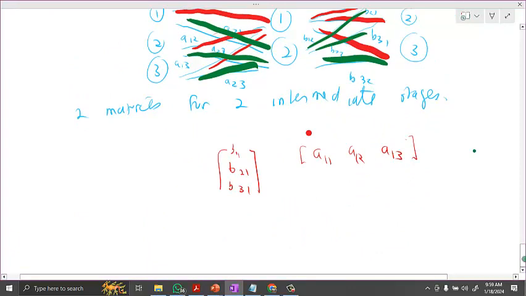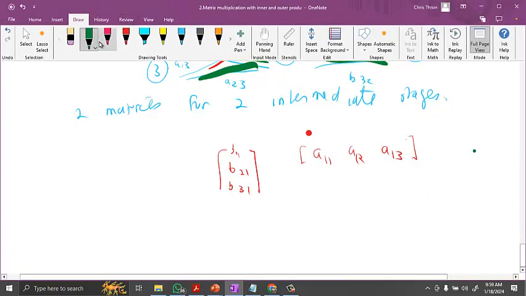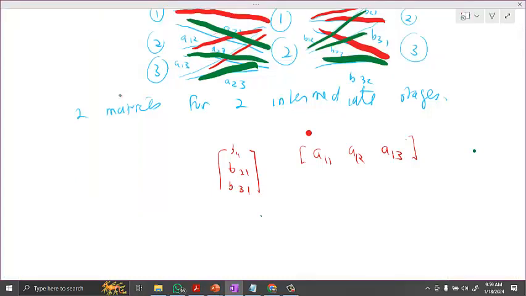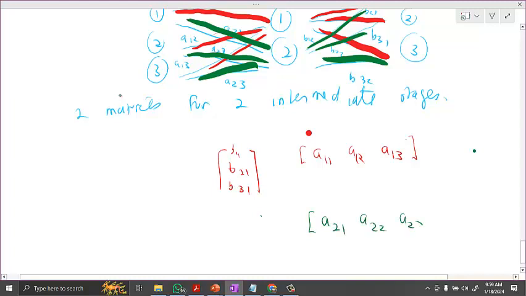That's going to give me, instead of A11, A12, A13, A21, A22, A23, and then here, instead of B11, B21, B31, this is going to be B12, B22, B32.